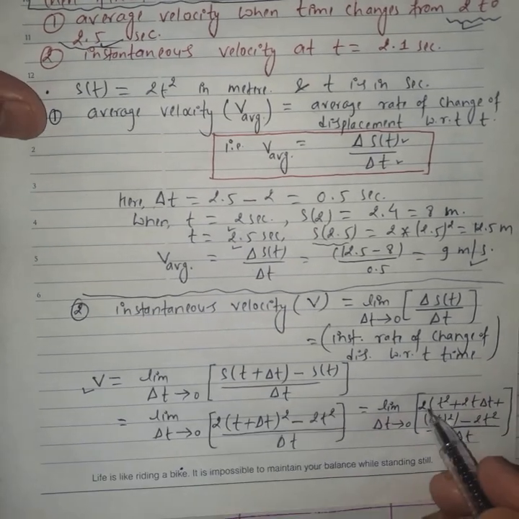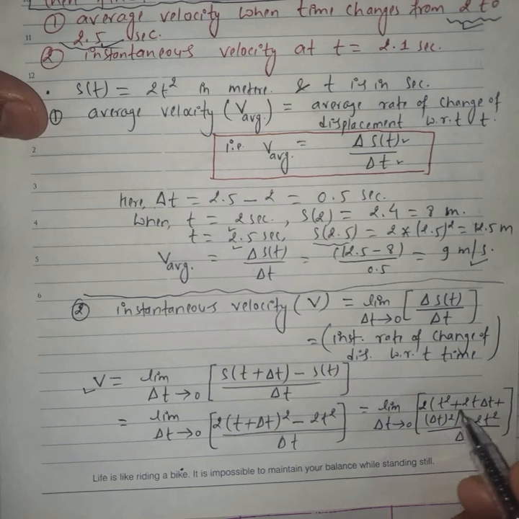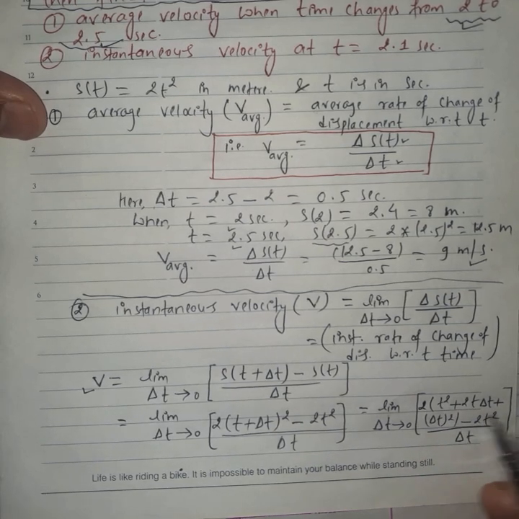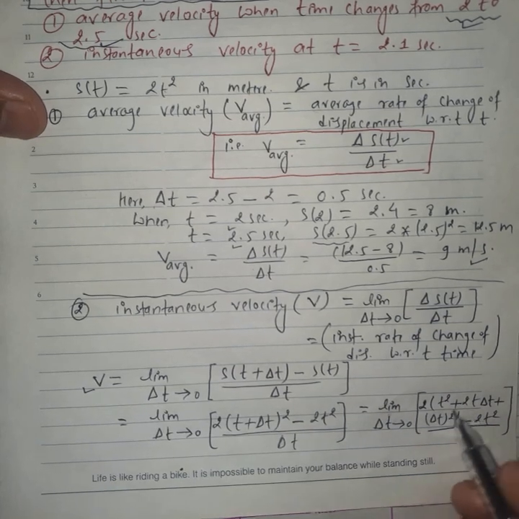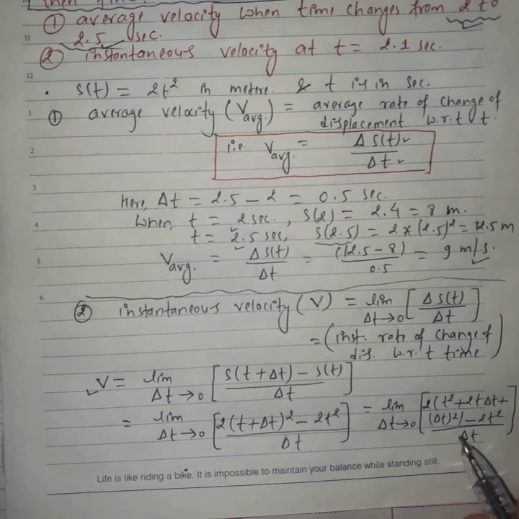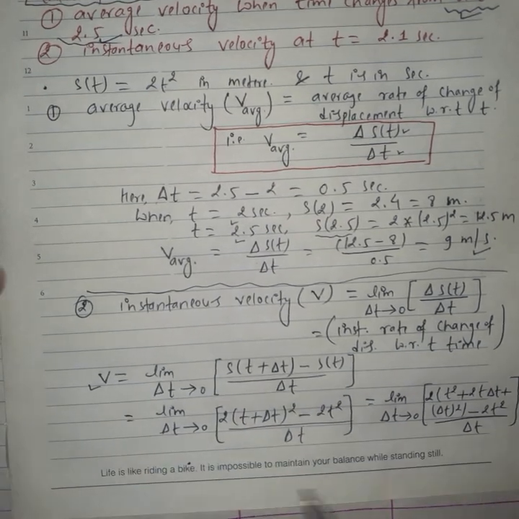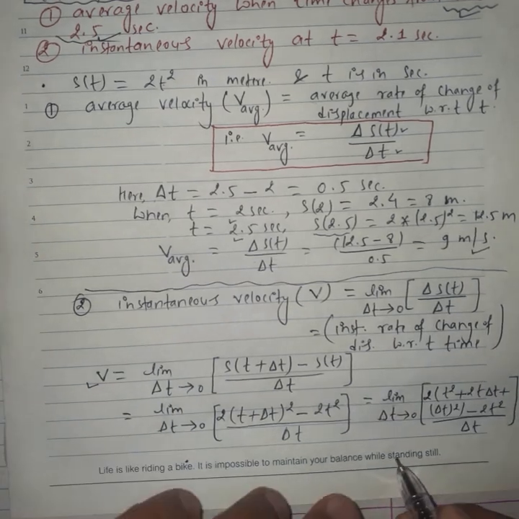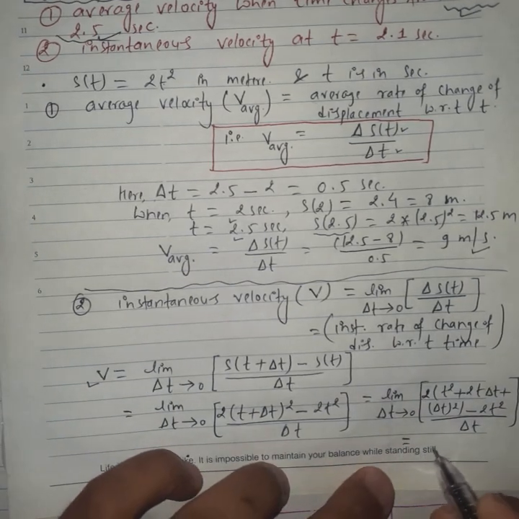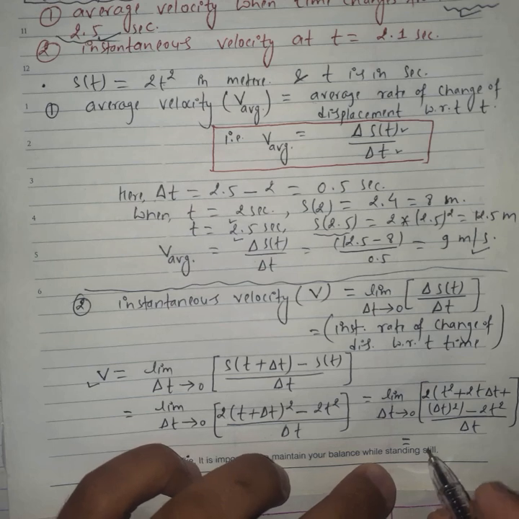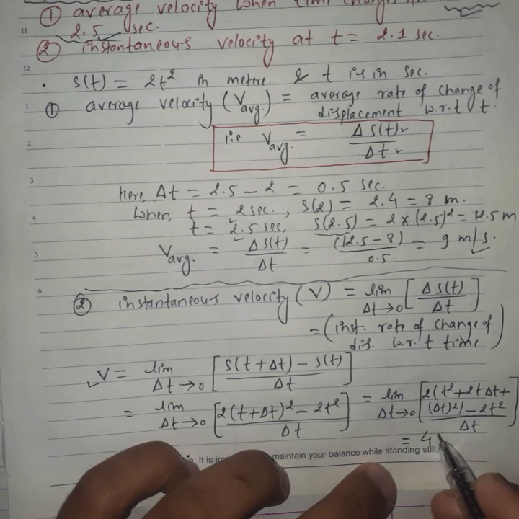If we distribute the 2 among all the terms, then 2t square cancels out, and after taking delta t as common, the delta t in the numerator and the delta t in the denominator will be cancelled out, and the final expression will be 4t.